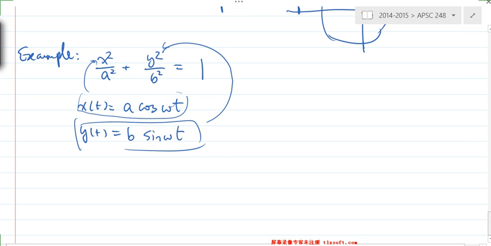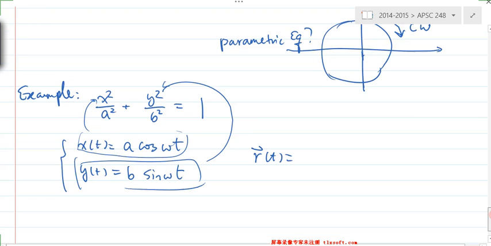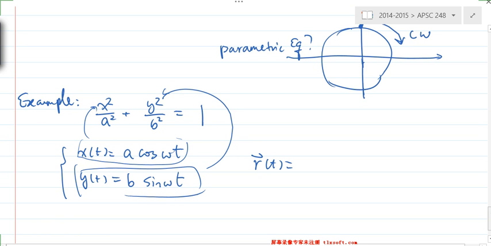So anyway, usually when we write the parametric equation, we don't just write it like this. We can always write it like this: r of t, the position vector. Because remember, the parametric equation basically represents the position vector of a certain point P on a certain trajectory.